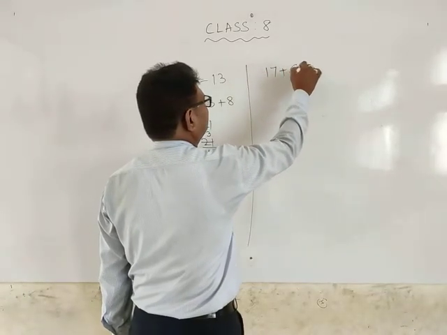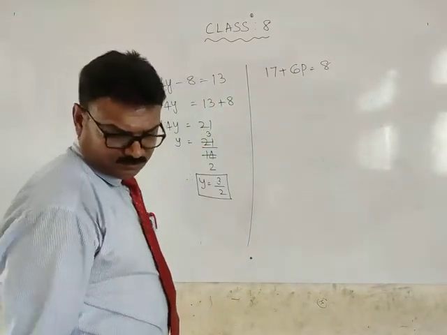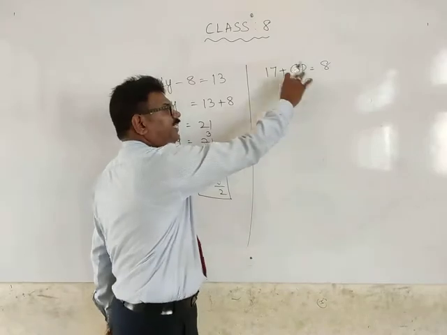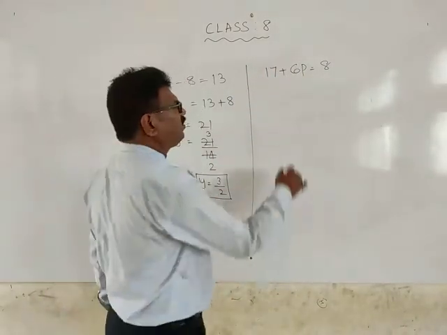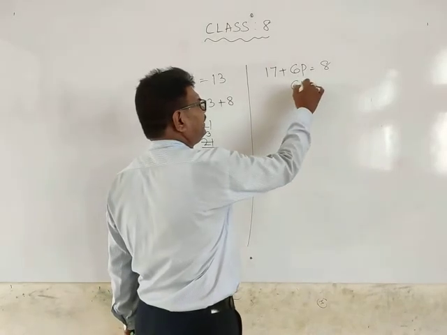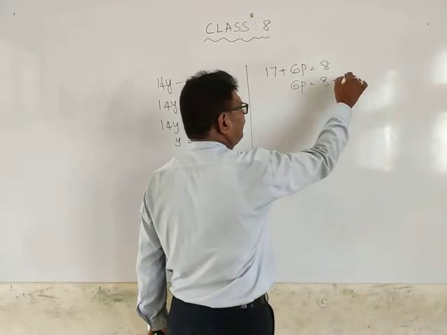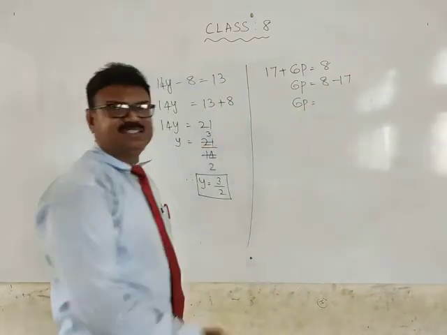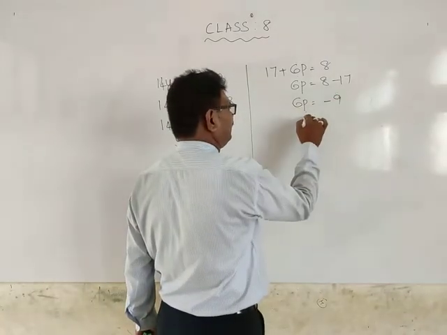17 plus 6p equal to 8. So very simple. Here what is the variable? p is the variable. Whatever may be the variable, we are least bothered about that. Okay? Now 6p is equal to 8. Plus 17, if it comes here, minus 17. 6p equal to 8 minus 17. What is the answer? Minus 9. Very good.